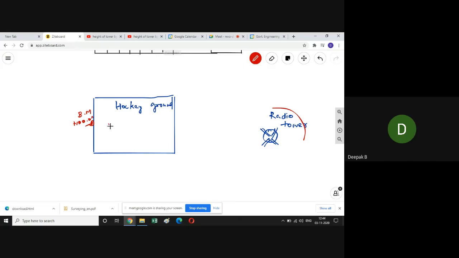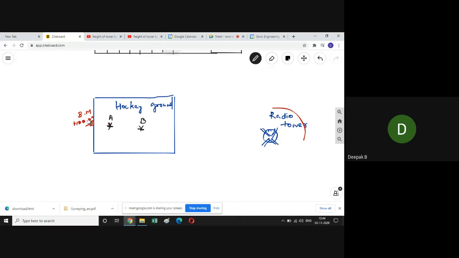We'll keep a theodolite station here, and for reference we'll call it A. Along the same line as the benchmark, station A and the radio tower, between that length you keep another theodolite station, which we call B.